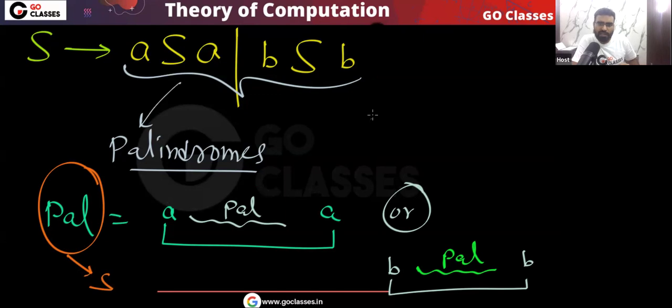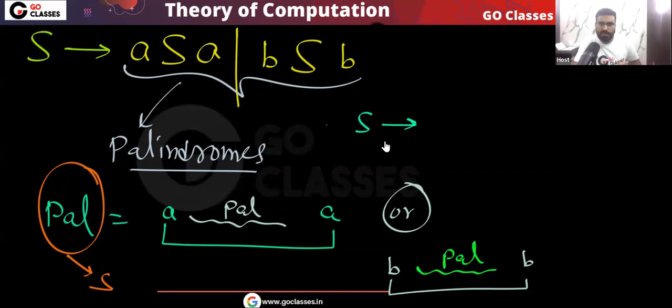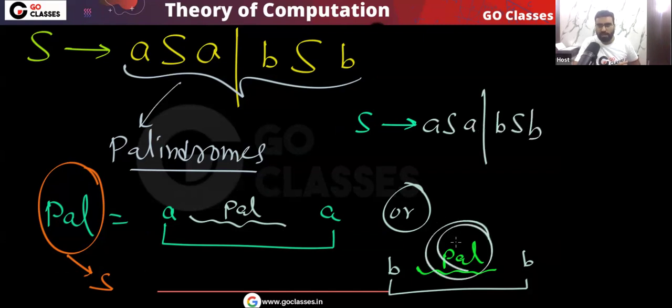Now you can easily see, S goes to A S A, because this palindrome is represented by the variable S. So you will get A S A or B S B. I hope you are getting the point. So remember, this ASA and BSB will generate the palindrome.